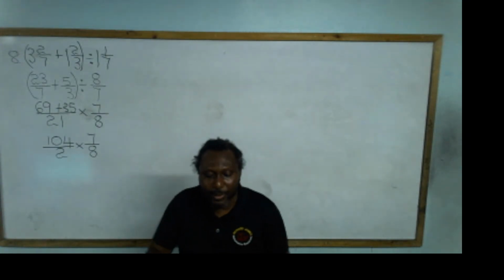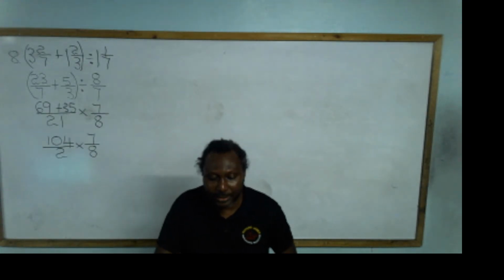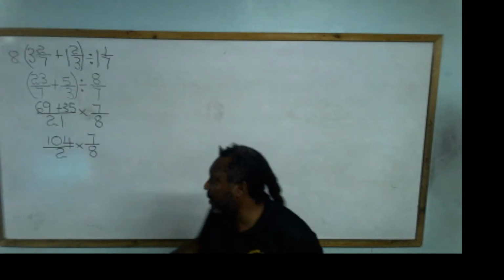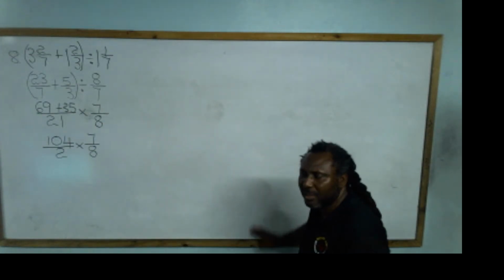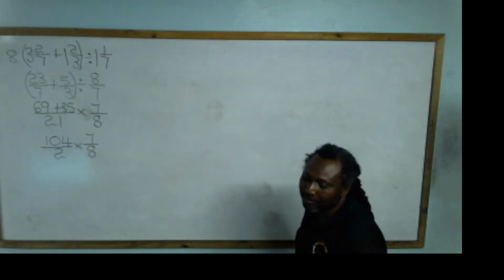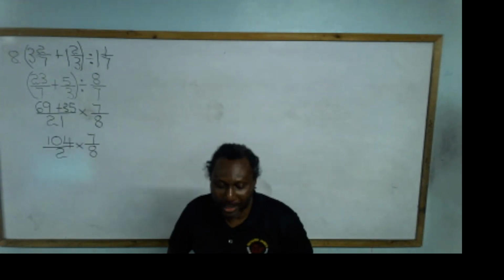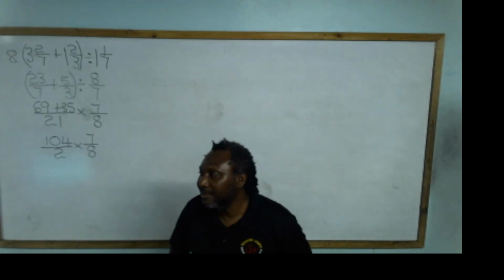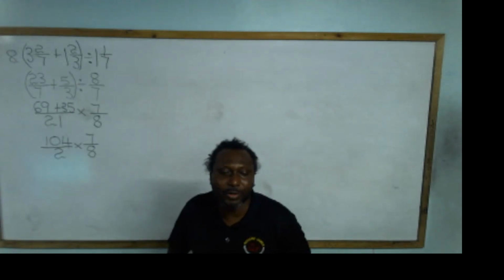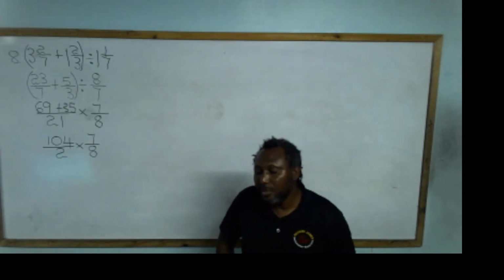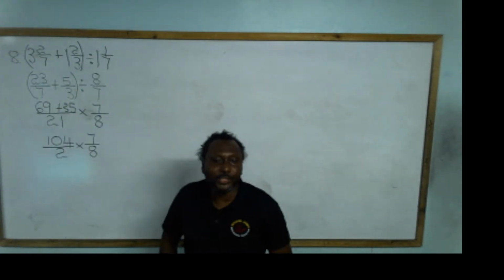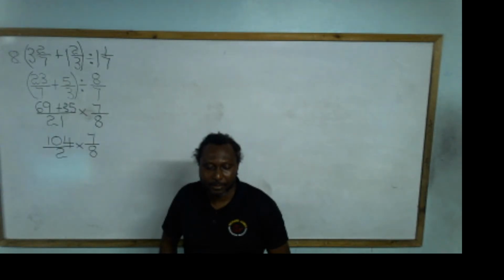Now students, we're not using a calculator, and when you're solving a problem, I see people writing like 1.2 and those things. Students, when you're solving fraction problems for your examiners, don't do that. They're going to give you an instruction: write the answer as a fraction in its lowest terms.